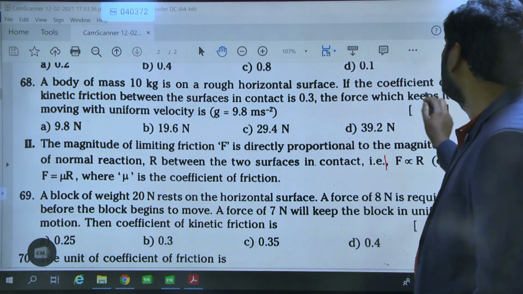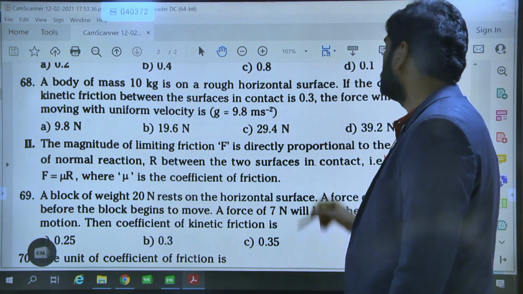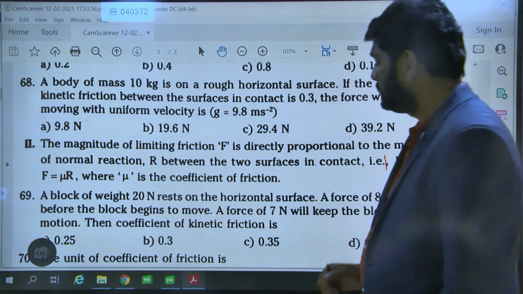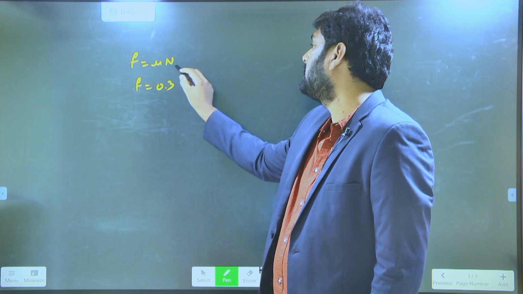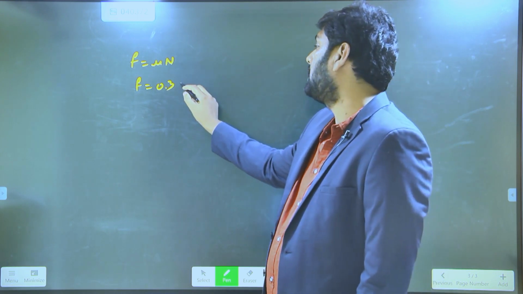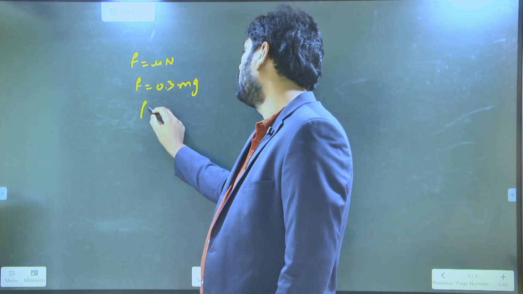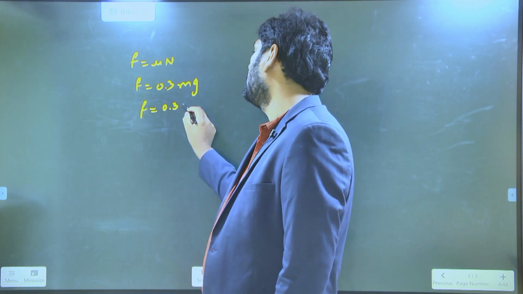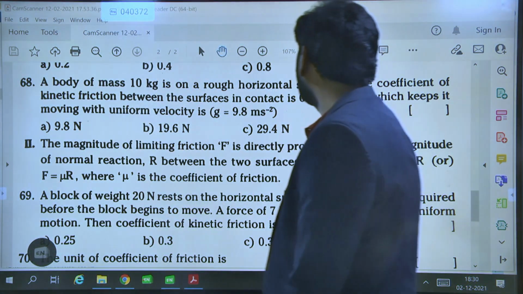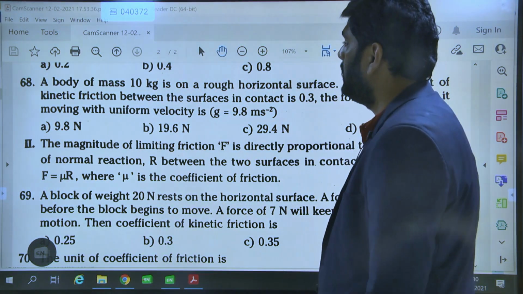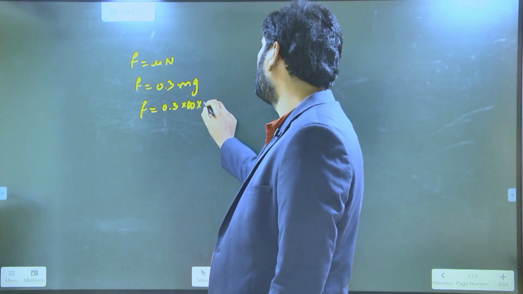Coefficient of friction is 0.3. So you can use 0.3. What is the normal reaction? Normal reaction is nothing but m into g. So F is equal to 0.3 into the mass of the body, 10 kg, 10 into 10.